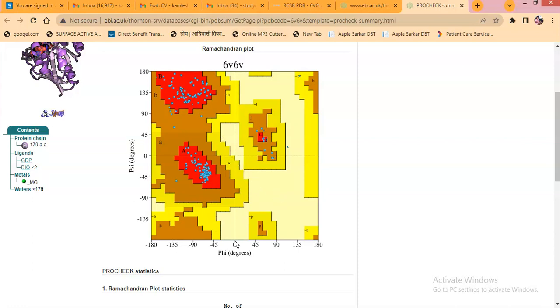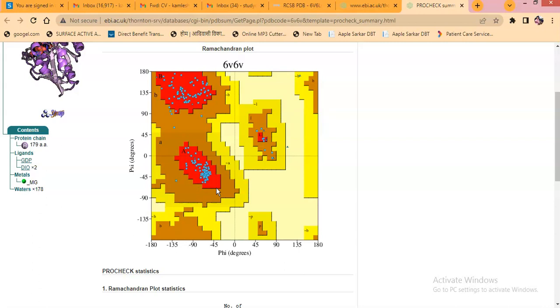And what this angle states is that if the angle is perfect, if all these dots, which are the protein residues, have good psi and phi angles, then they must fall in this red zone.